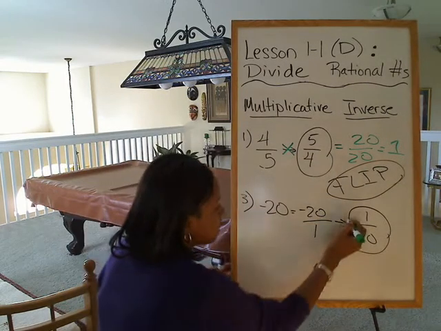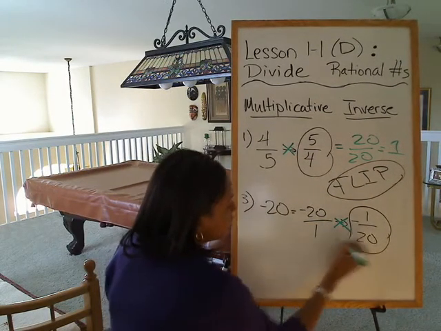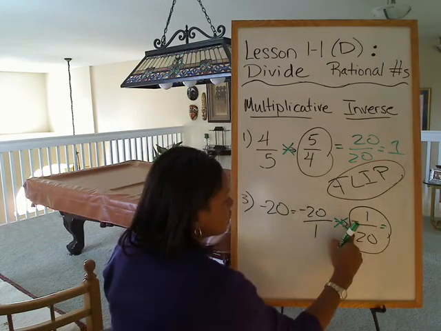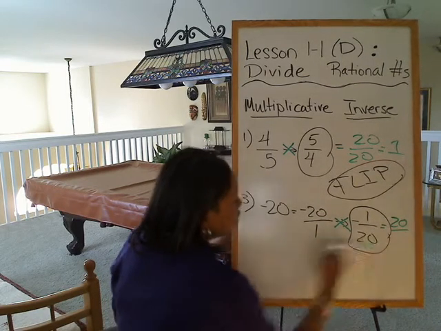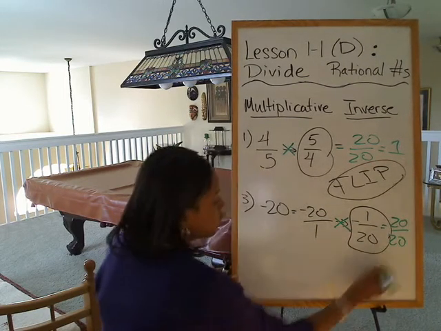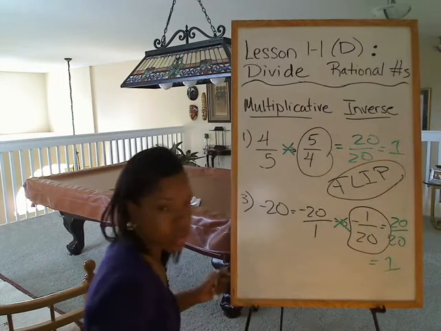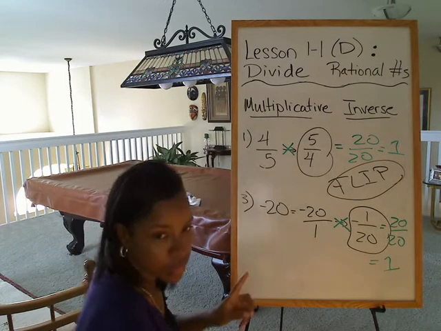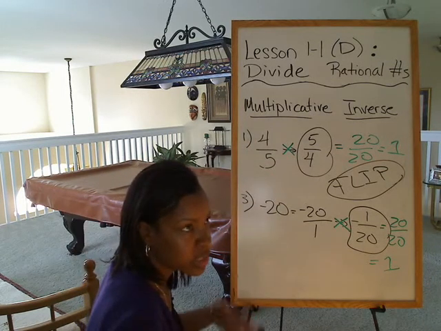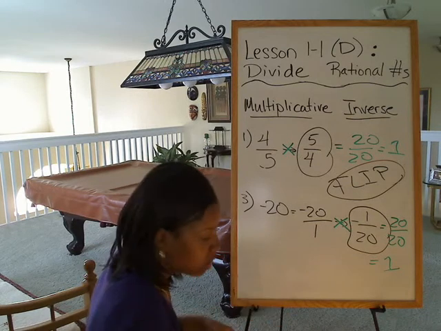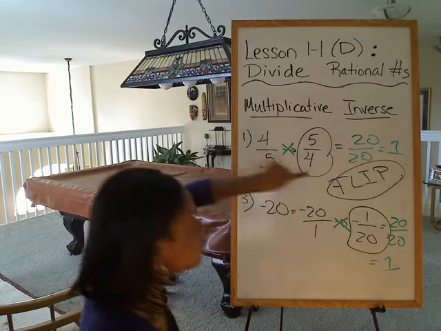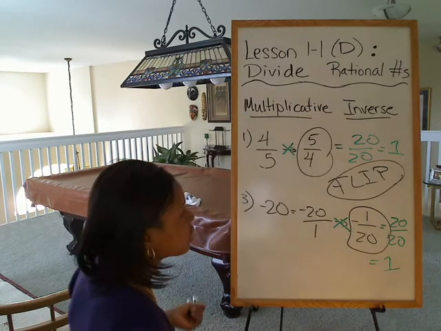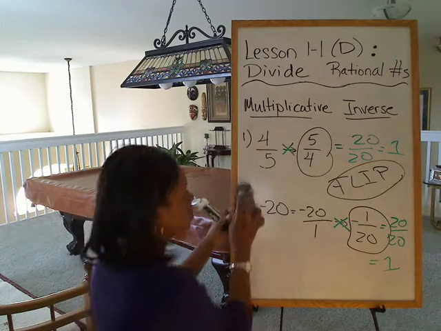Same thing, if you multiply -20 over 1 times -1/20, -20 times -1 is +20. 1 times 20 is +20. You'd get 20/20, which equals 1. So whenever you multiply multiplicative inverses, you get 1. And that's one of the key characteristics of inverses. They have a product of 1. You flip the fraction, and that's it.